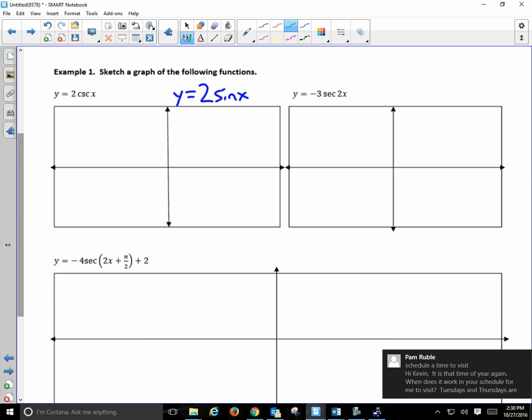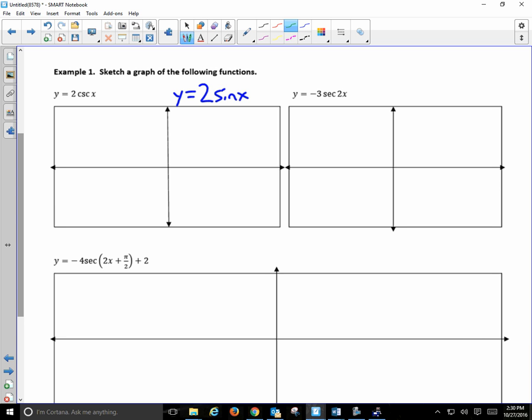Okay, you tell me. Amplitude. 2. Period. 2 pi divided by the number in front of x. It's going to give me 2 pi.